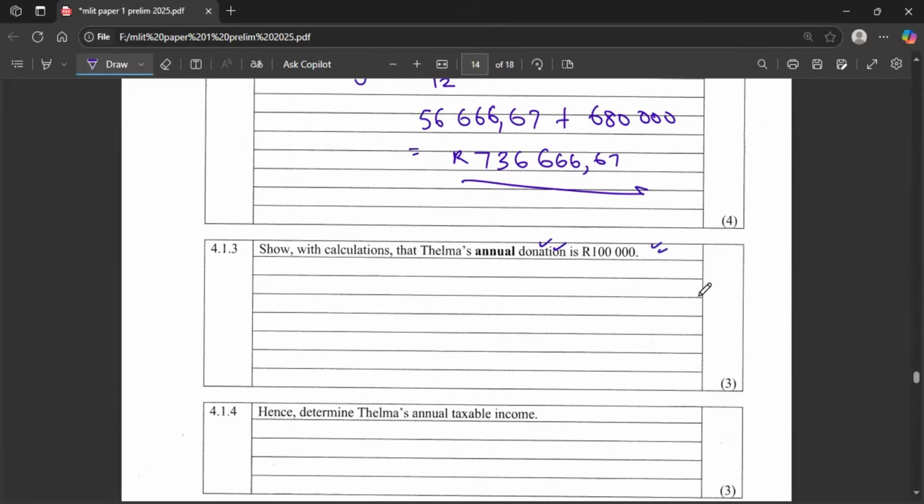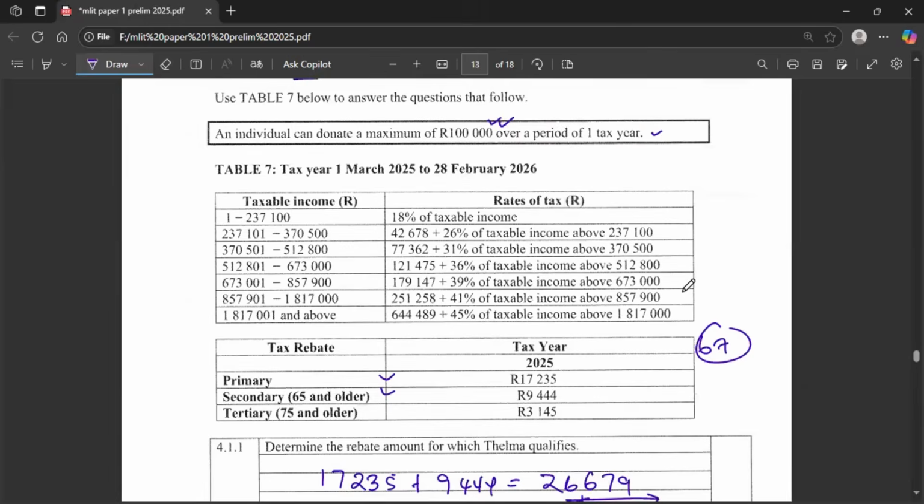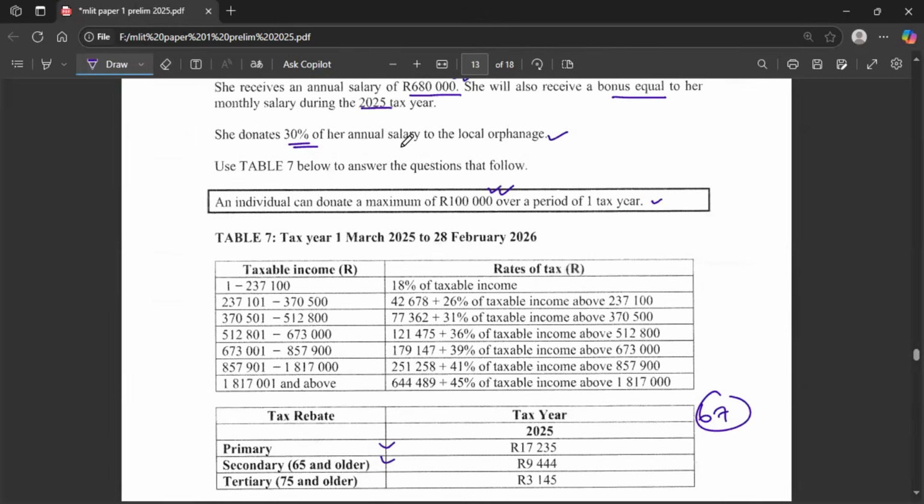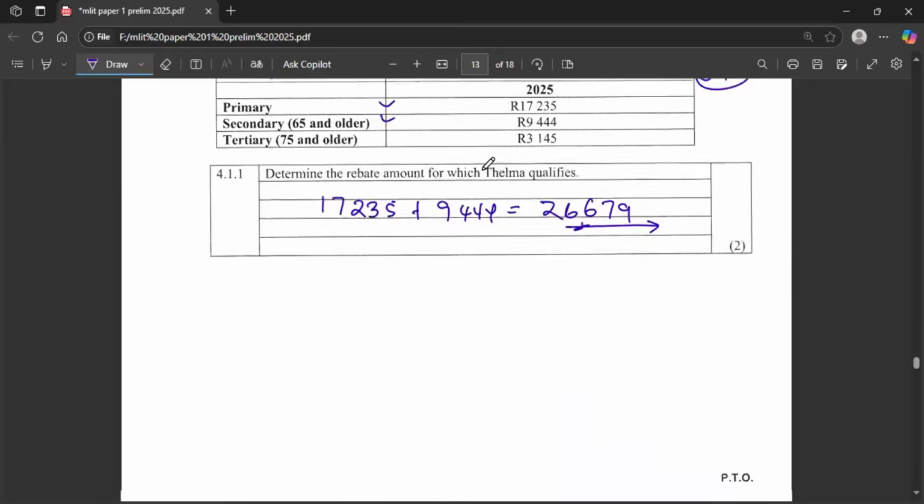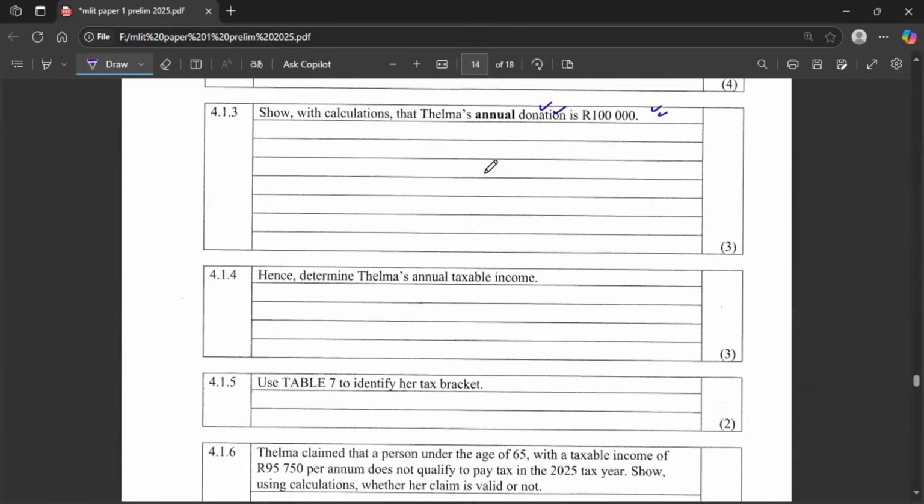Then they're telling us to show with calculations that her annual donation is 100,000. So remember, they told us that the donation is 30% of her annual salary. So if we get 30 over 100 multiplied by the 736,666,67. Okay, multiply this by 30 over 100.